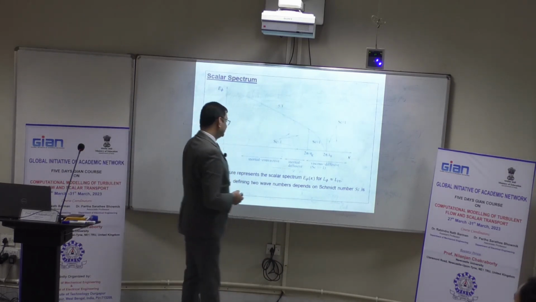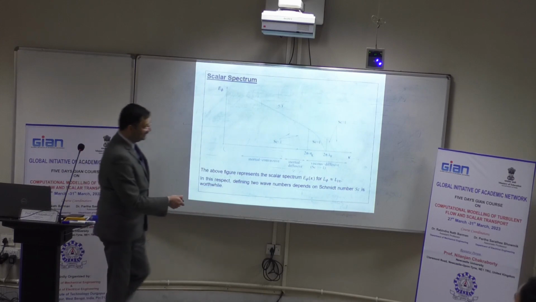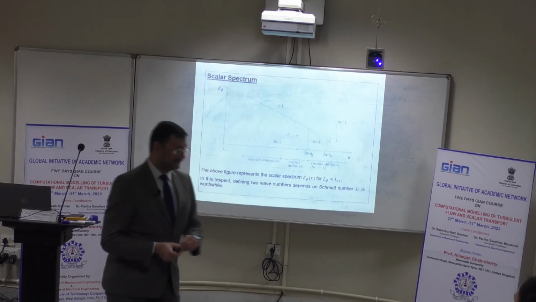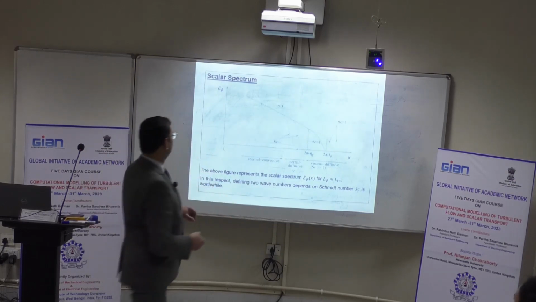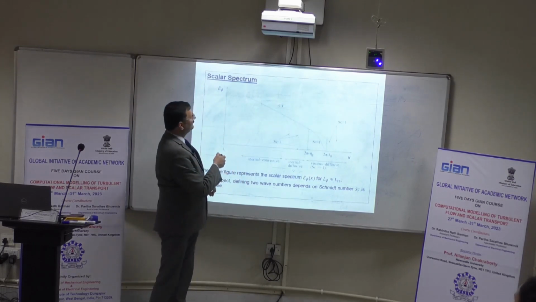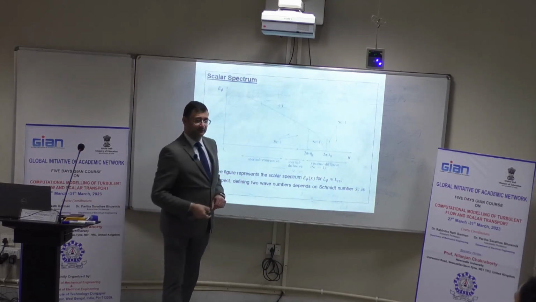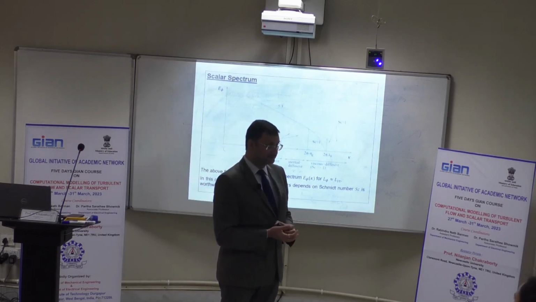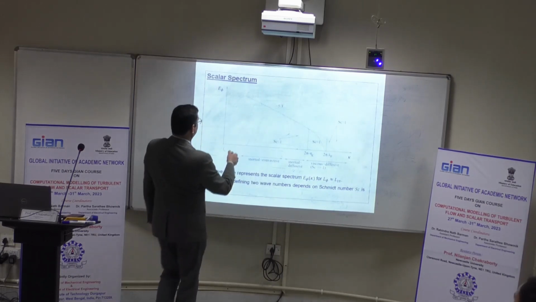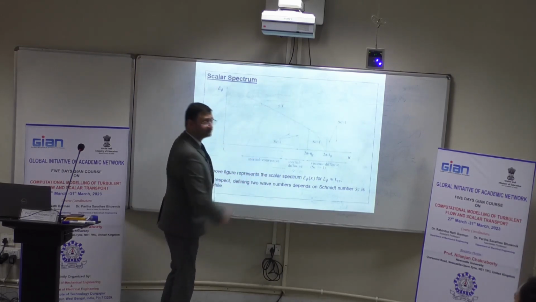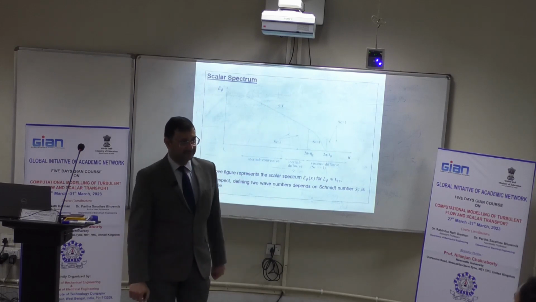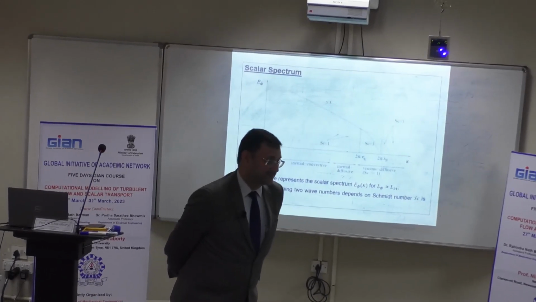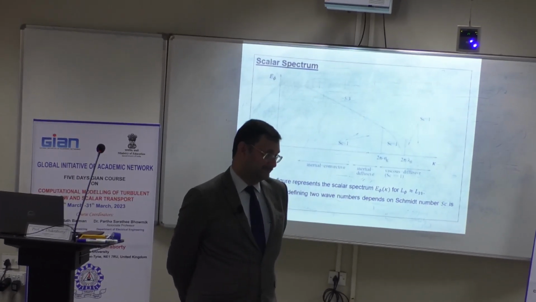If we consider that L phi, the integral length scale of the scalar, is the same as the integral length scale of turbulence, and if we consider the Schmidt number is equal to 1, that means the diffusivity is the same as the kinematic viscosity, then what you are seeing here, that bit is essentially the turbulent kinetic energy spectrum as well. They are identical. Okay?